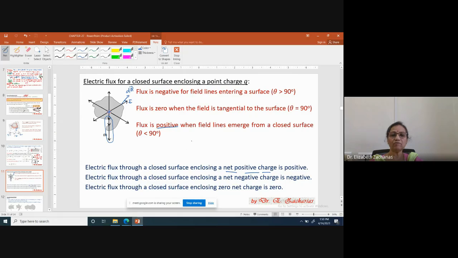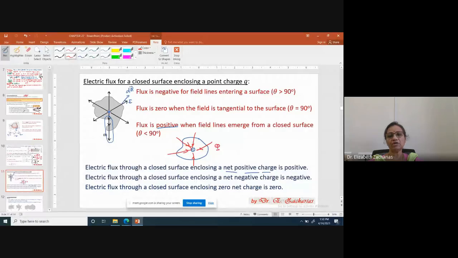Similarly, let us think of what will happen if I have some random shape, a three-dimensional object, and I have a negative charge. How will my field lines look for a point negative charge? Radially inward. So everywhere on my Gaussian surface, I find that the field line is entering.